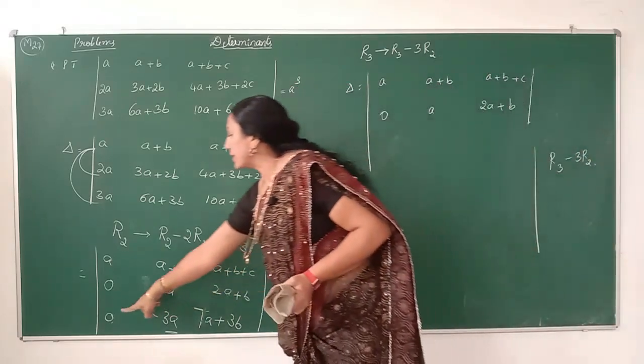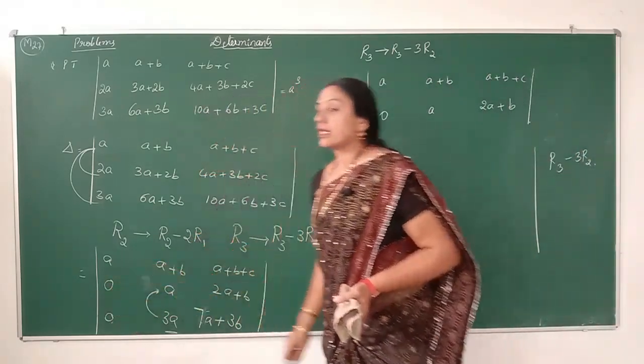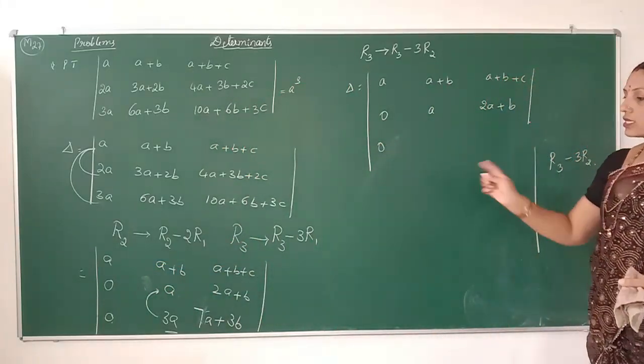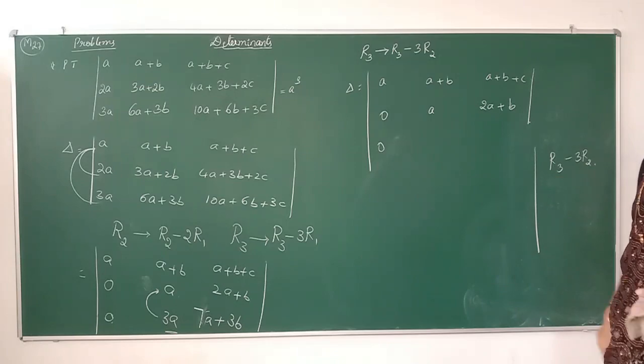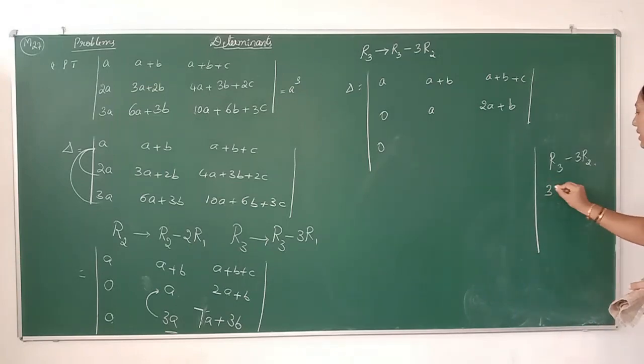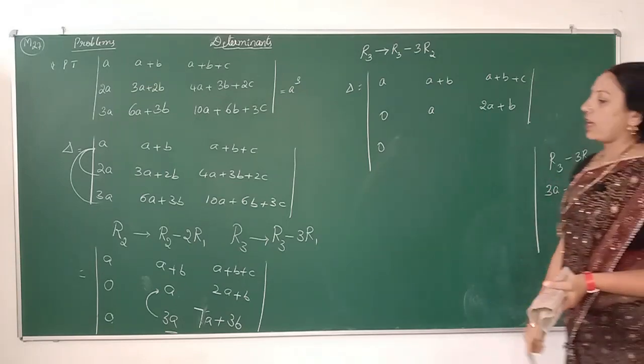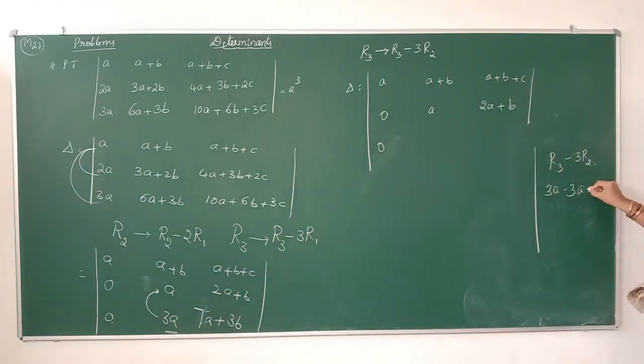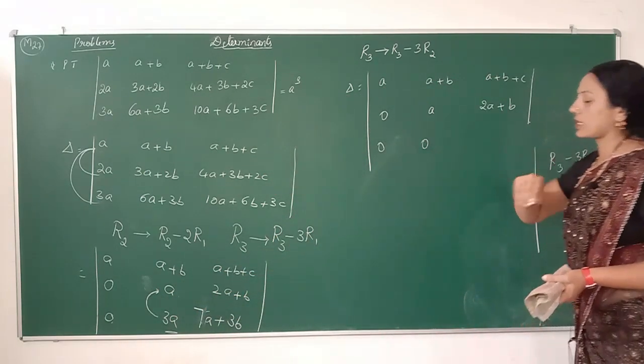Now the first element of R3 is 0 minus 3 times R2, which is also 0. Therefore 0 minus 0 is 0. Then the second element of R3 is 3a minus 3 times the corresponding R2 element a. Again 3a minus 3a is nothing but 0.